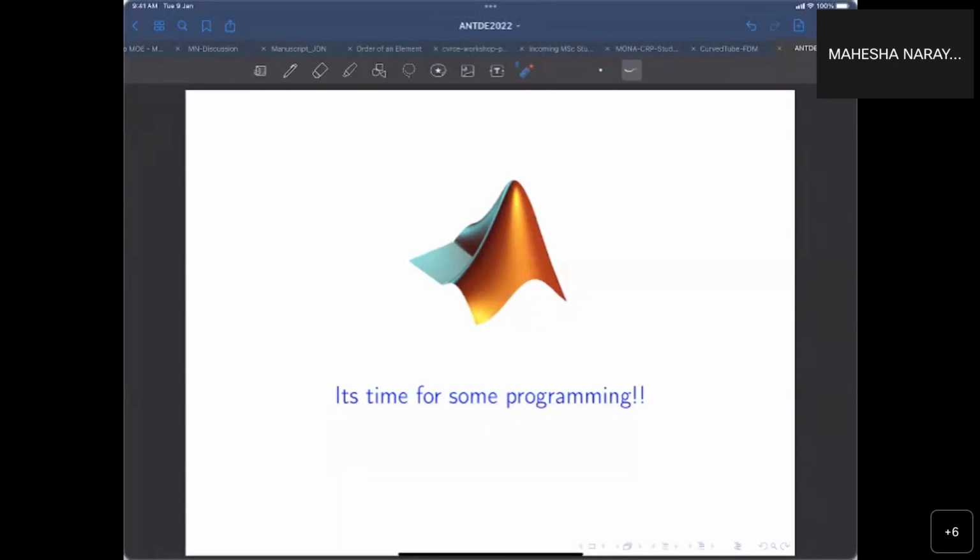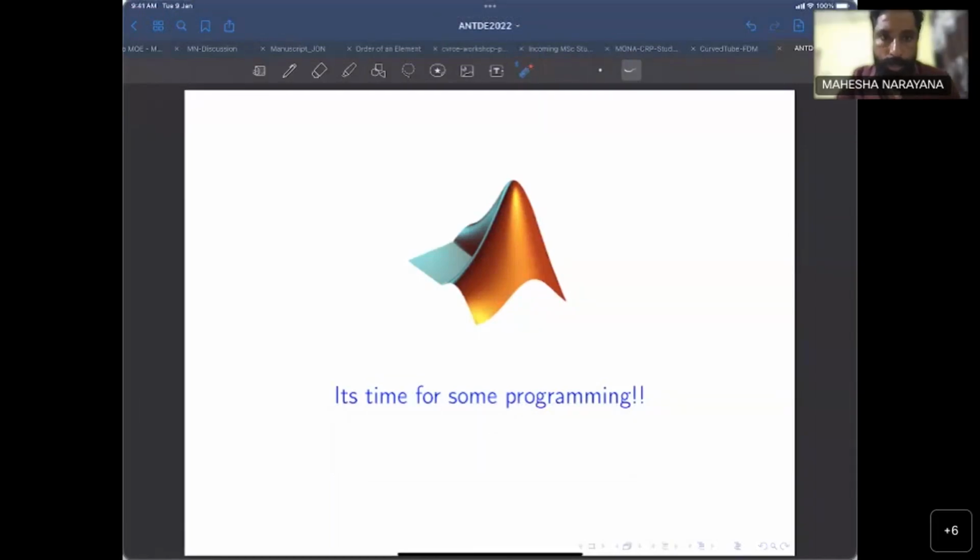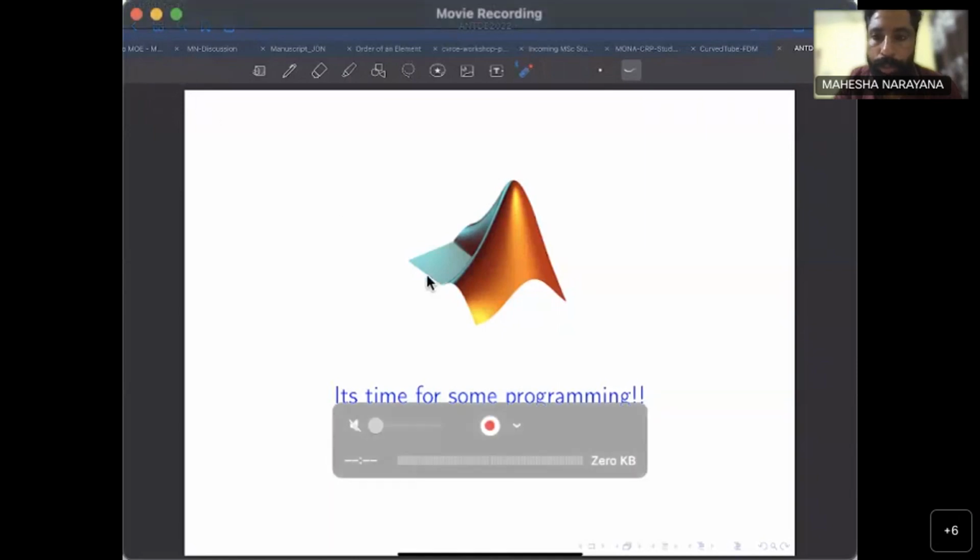Yeah, I'll try to share the MATLAB window so that you can see both the presentation as well as I'll stop sharing this and share the desktop instead.